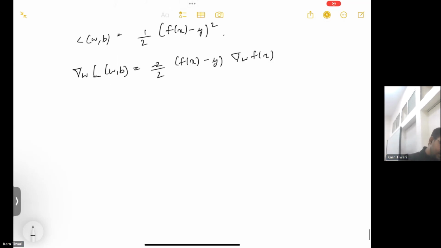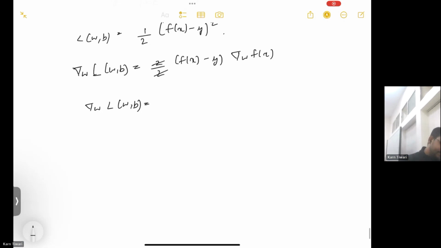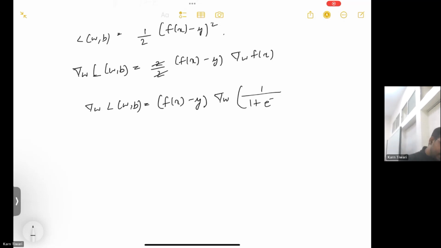This 2 gets cancelled. Follow the steps I am doing, and if you have any question, do let me know. Okay, so I have simplified it.